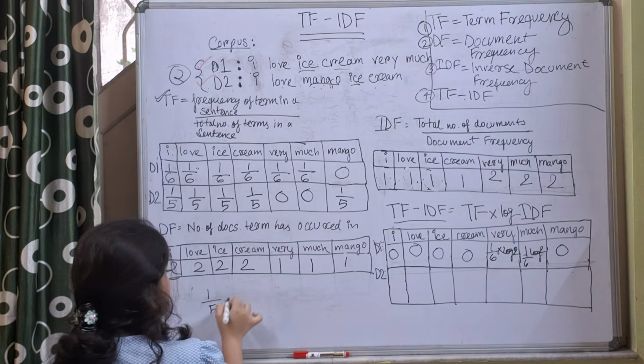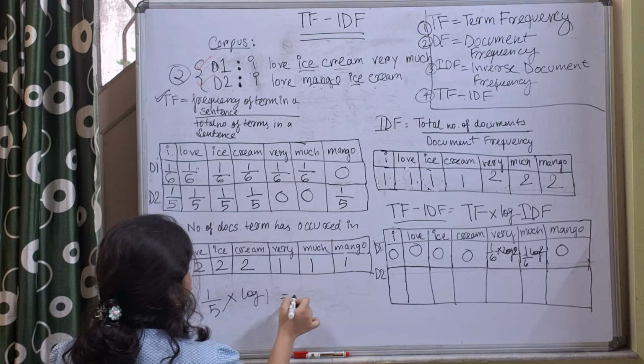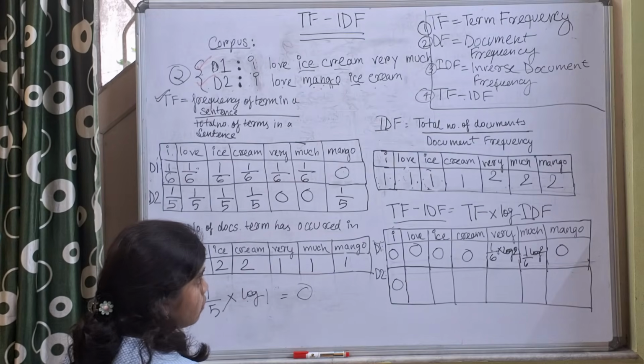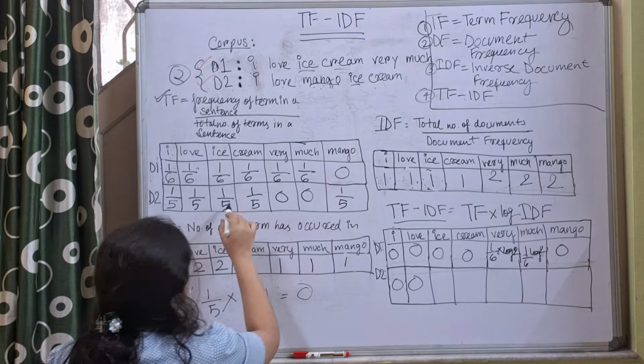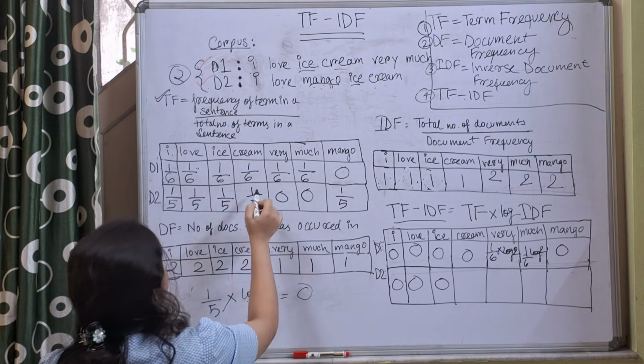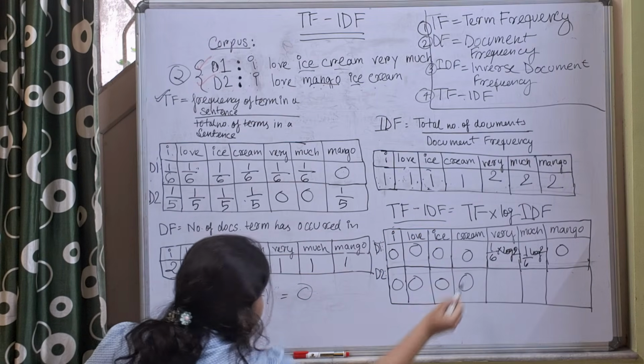And then for document 2, term frequency of "I" is 1 by 5. So 1 by 5 into log 1, and log 1 is 0. So it will be 0. Okay, then for "love" also 0. For "ice" also we will get 1 by 5 into log 1, which is 0. For "cream" also 0.